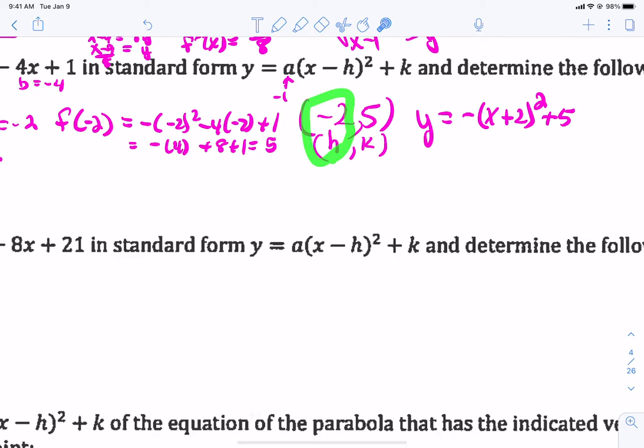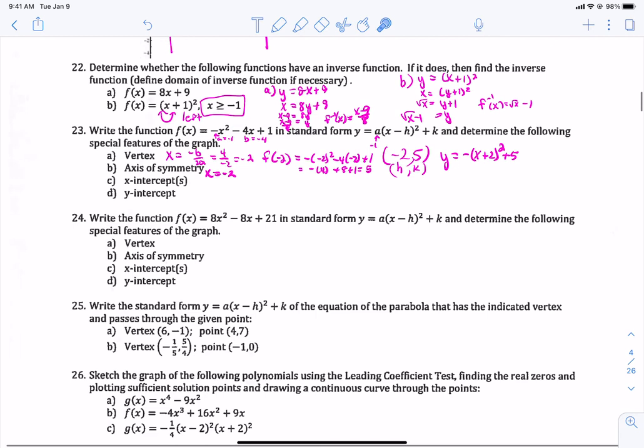Because this is h, this says the opposite of h. So this one in the parentheses changes sign. The one outside the parentheses does not. Okay, so you really find the vertex, which gives you the axis of symmetry, which gives you the standard form, all at once. So it's really, really a nice procedure. I tend to always do that together before I go on. Any questions on that first section of things?